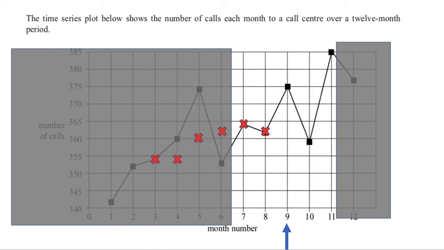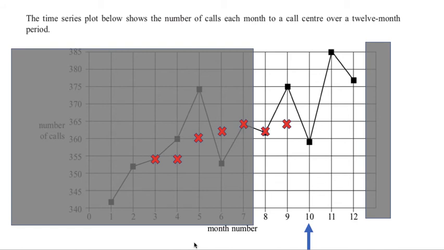Next lot is centered around month number 9, and we can count from bottom to top: this is the lowest, this is the next lowest, this is the third. So the y coordinate we're plotting here comes from month number 7. We're going to put it above month number 9 over there. All right, and there it goes. Finally, this is the final group of 5 that we can do.